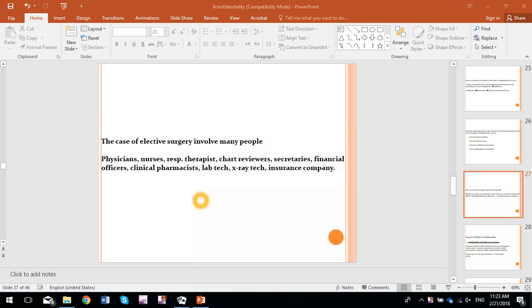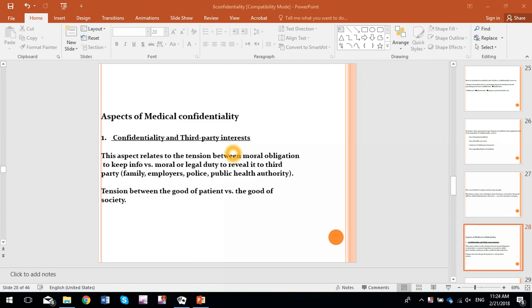The case of elective surgery involves many people, like physicians, nurses, respiratory therapists, chart reviewers, secretaries, financial officers, clinical pharmacists, lab technicians, X-ray technicians, and the insurance company. All of those are looking at the information the patient has conveyed to his physician.